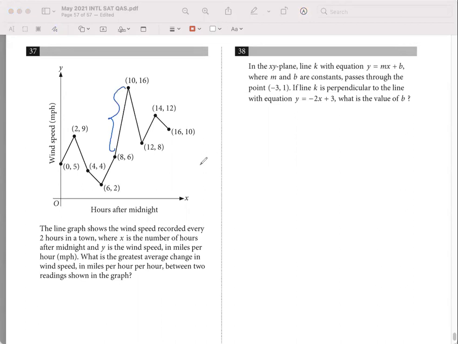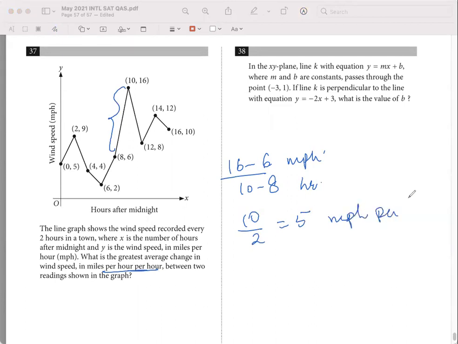So that would be 16 minus 6 divided by 10 minus 8. This is miles per hour per hour. So that's 10 by 2, which is 5 miles per hour per hour. Yeah, that does seem to be the steepest, from 6 to 16. So it's 5.